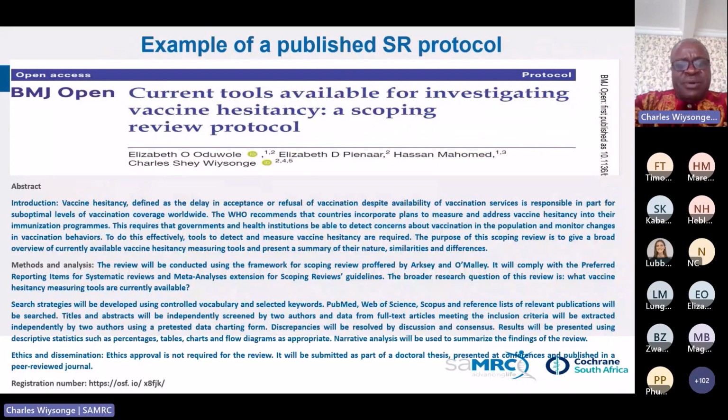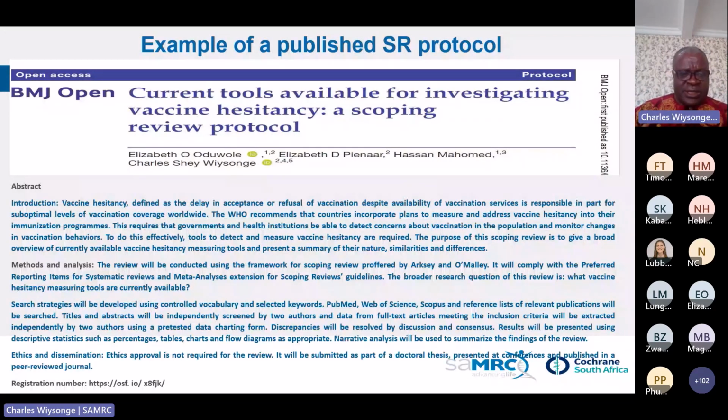And this is an example of a scoping review protocol led by Elizabeth Oduole, who helped to prepare this presentation. And she did this as a scoping review protocol for tools available for investigating vaccine hesitancy.